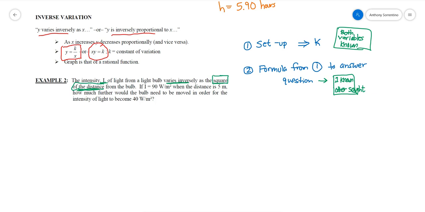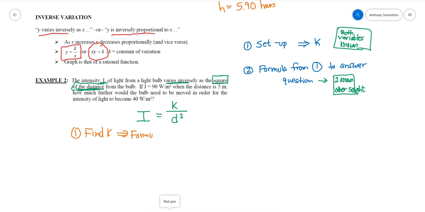I'm going to let distance be d, so it's telling me that I varies inversely, so it's going to be my constant k divided by the square of the distance. So that is my general formula. In step 1, I'm looking to find k, and hence the formula.